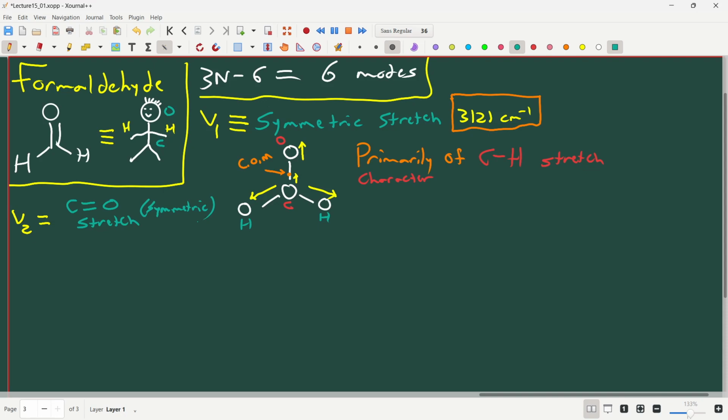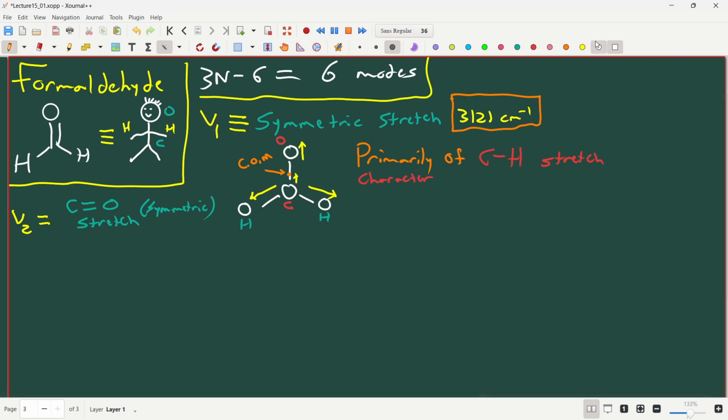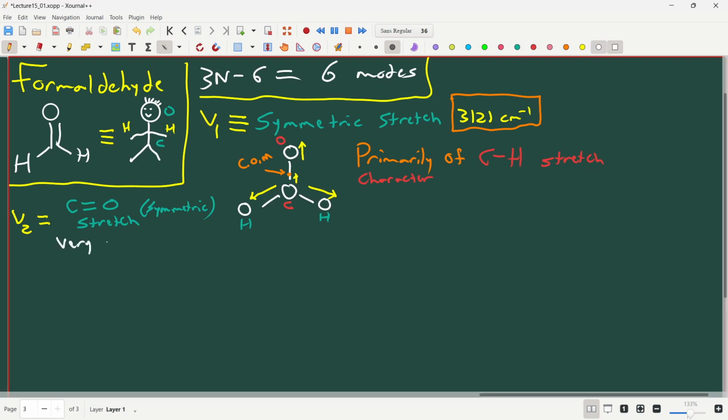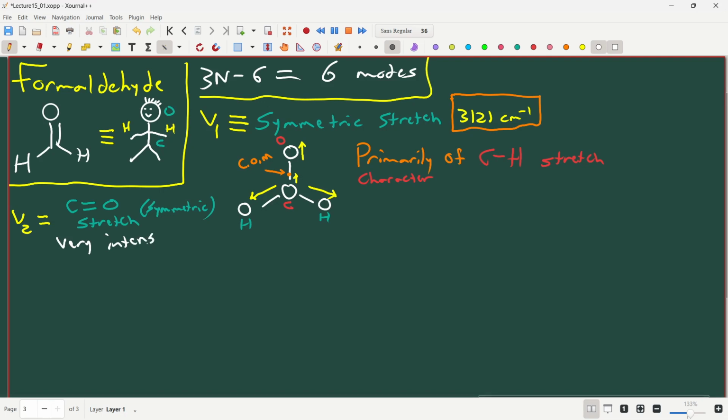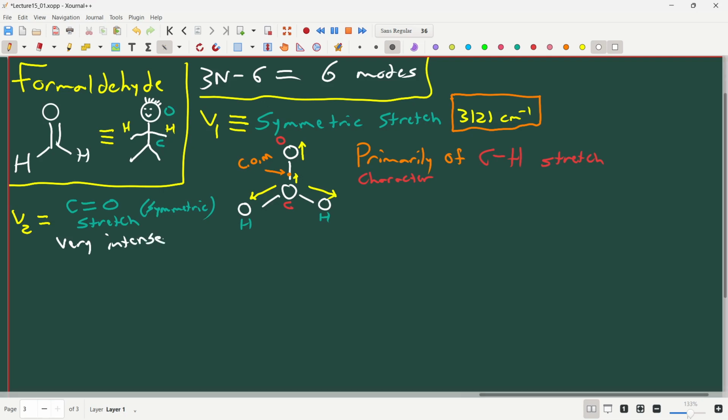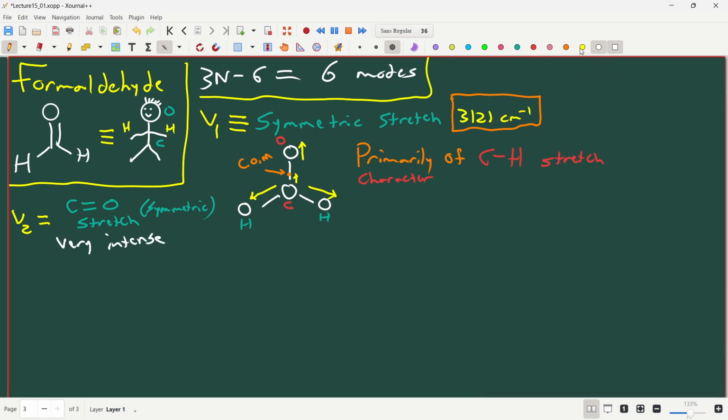So stretching that CO really changes the dipole a lot. So these CO stretches tend to be very intense for this reason. They're just very intense. And of course the CHs are as well, but for a different reason. And so what does this look like?